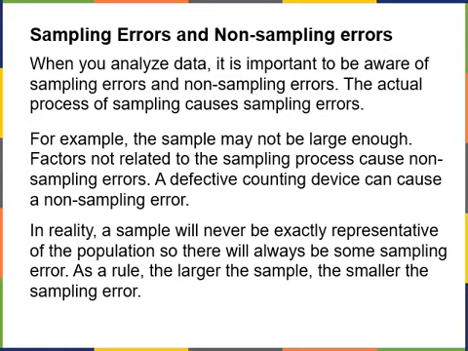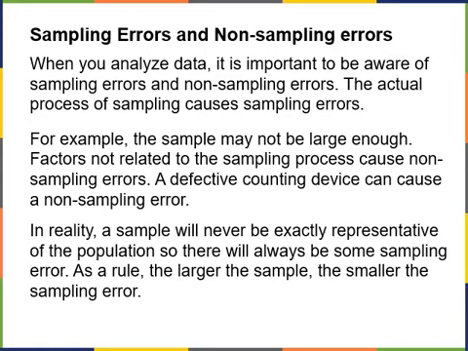One thing to keep in mind when we look at sampling errors: it could be that the sample's just not large enough. For example, if I have less than 100 responses, that could lead to more sampling errors and incorrect information than if I have 200 or 300 samples.